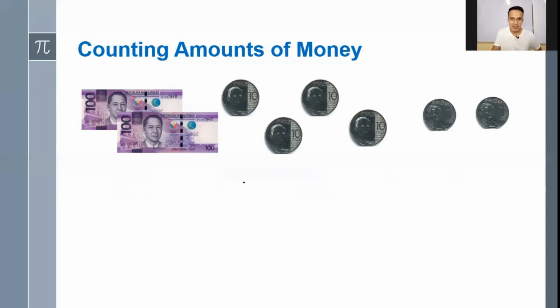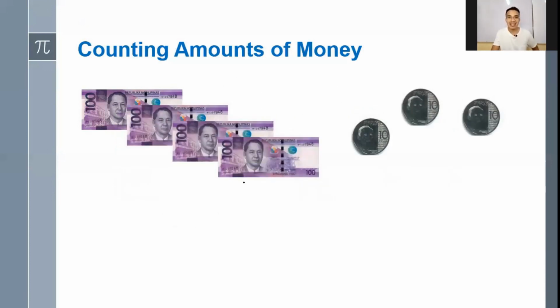Let's have another example. And this is our last example in this video. Okay, let's count the number of 100 peso bills. 100, 200, 300, 400. There are 4 of them, 4 100 peso bills. So that's equivalent to 400.